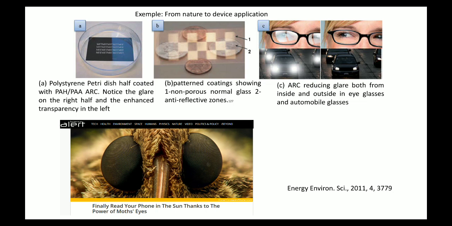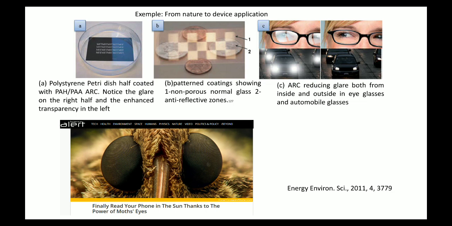In some applications we need higher transparency, and if we need higher transparency, then we have to reduce the reflection coming from the surface. For that we have to use a special coating which is called anti-reflective coating. Basically that coating is reducing the reflection from the surface of the sample.